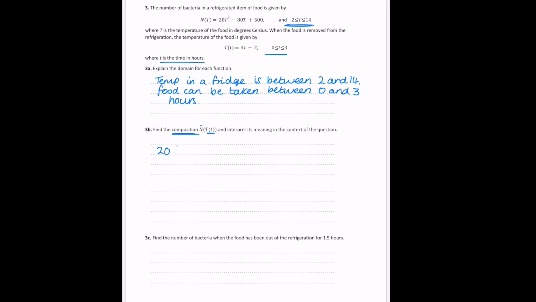So 20(4t plus 2) squared minus 8(4t plus 2), and then at the end I have my plus 500.